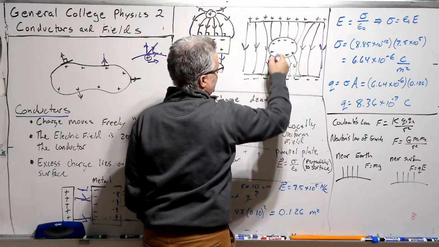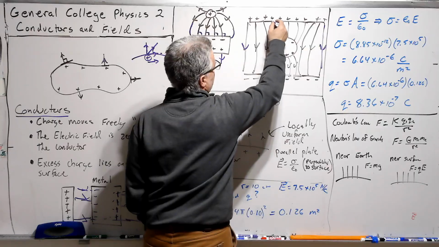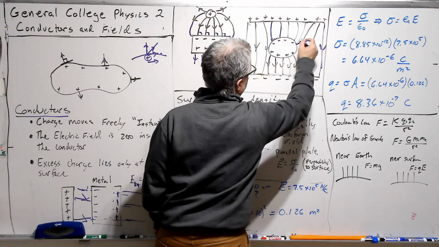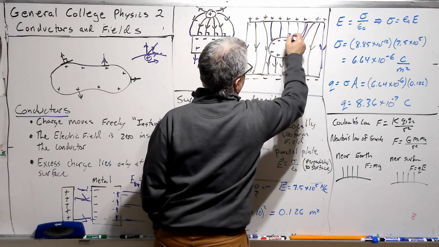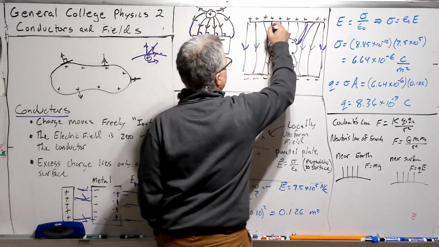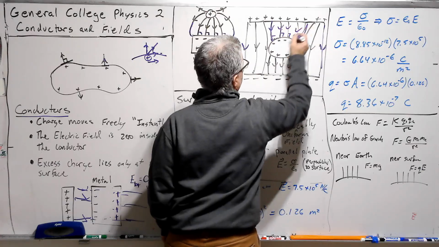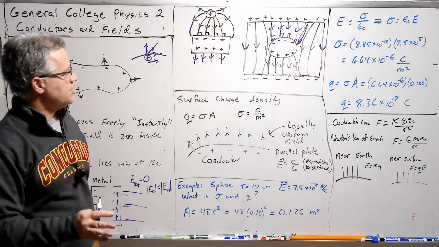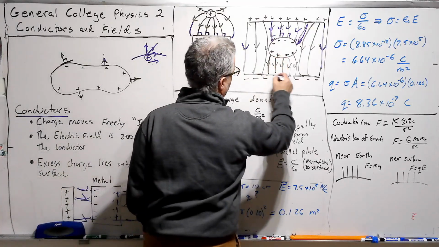And then when we're right near the metal, these again should be careful, these should always be coming in perpendicular. And so we have field lines coming into the copper sphere and coming out of the copper sphere.